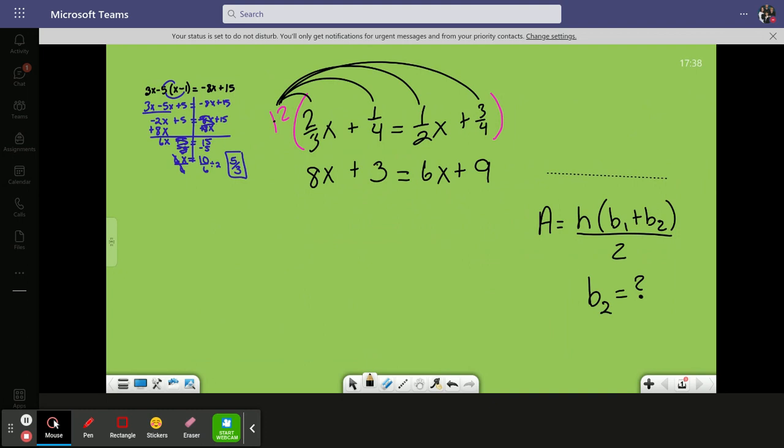Now I have the same exact equation. It's equivalent, but all of those fractions are gone. This is doing, I don't care if you get it right or wrong. If you're doing, you're moving. I promise it's an excellent thing.